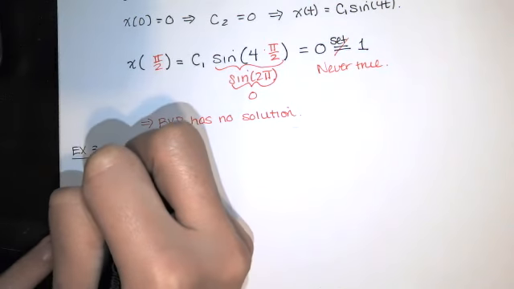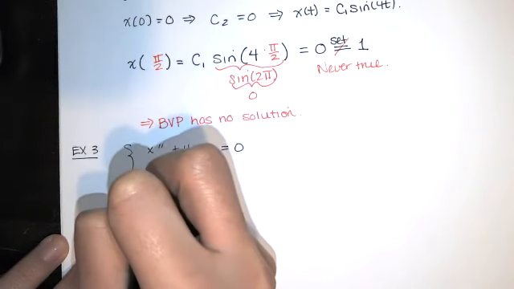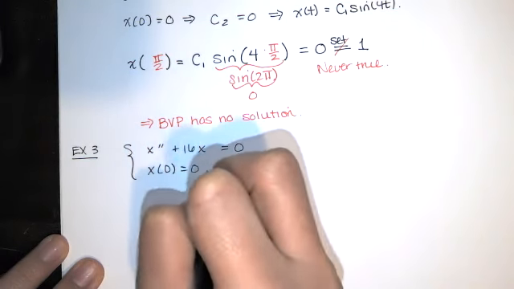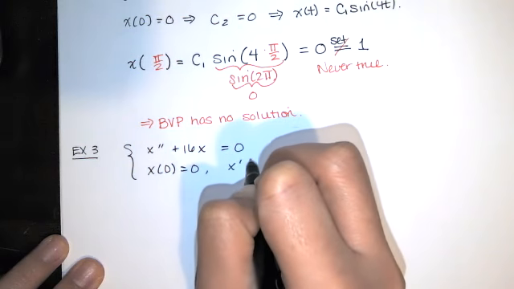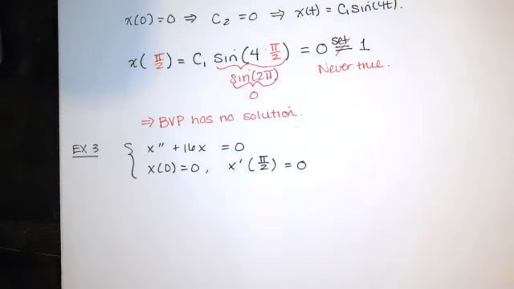You might have x double prime plus 16x equals 0, x of 0 equals 0. And then rather than giving you x at pi over 2 equals 0, maybe they tell you x prime at pi over 2 equals 0.